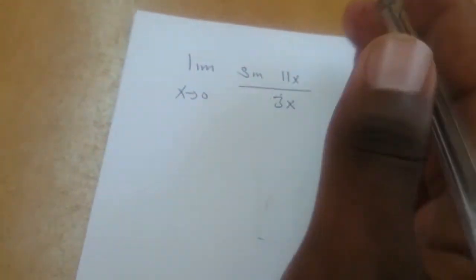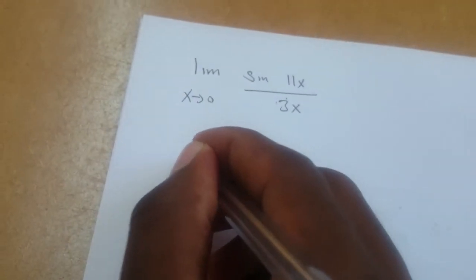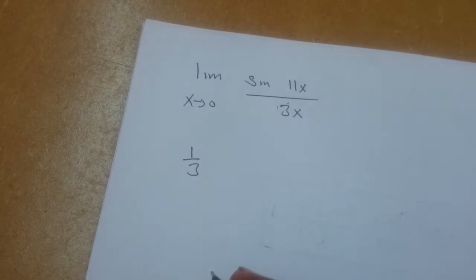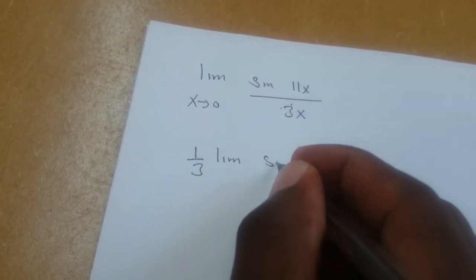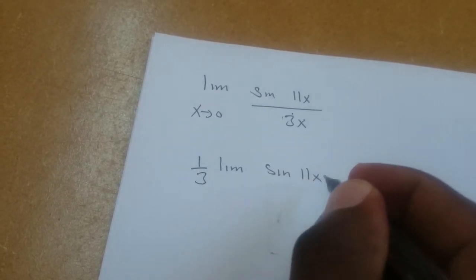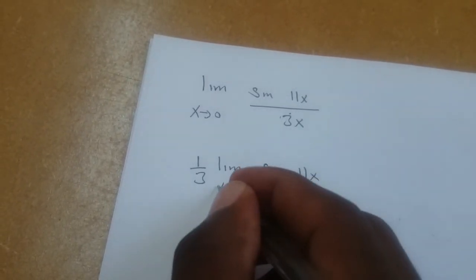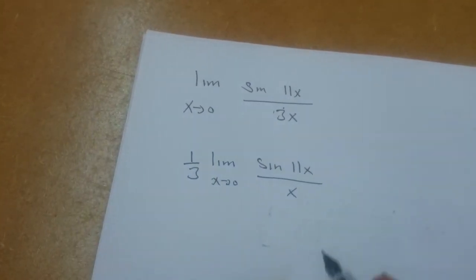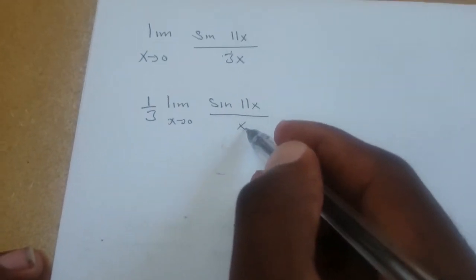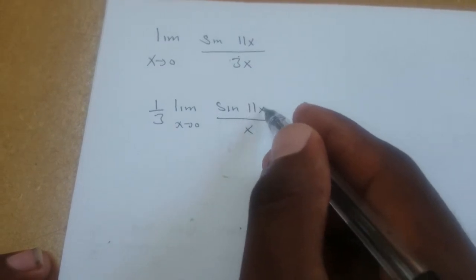You factorize it, and you are going to have 1 over 3. Then you remain with the limit of sine 11x over x as x is approaching 0.